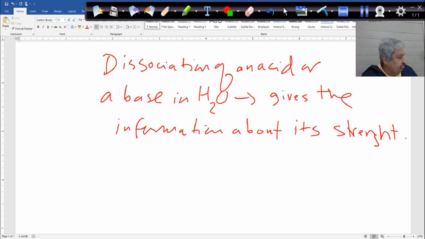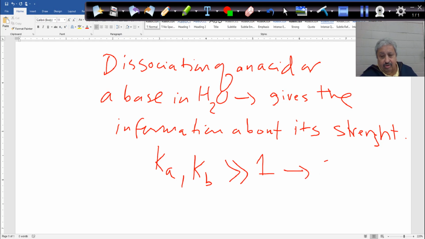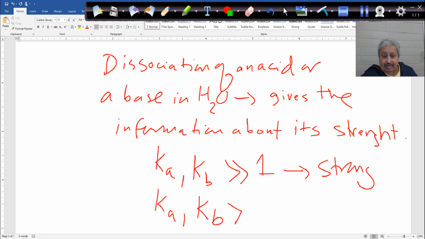That's what it means. If the dissociation constants Ka and Kb are greater than 1, it is strong, correct? And if Ka and Kb are less than 1, this is weak.